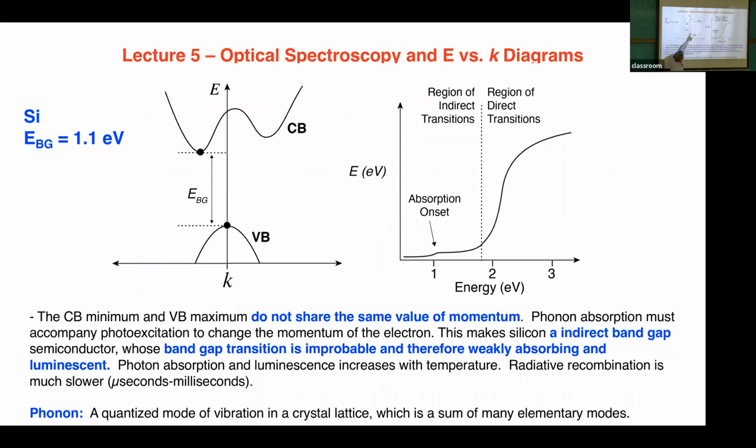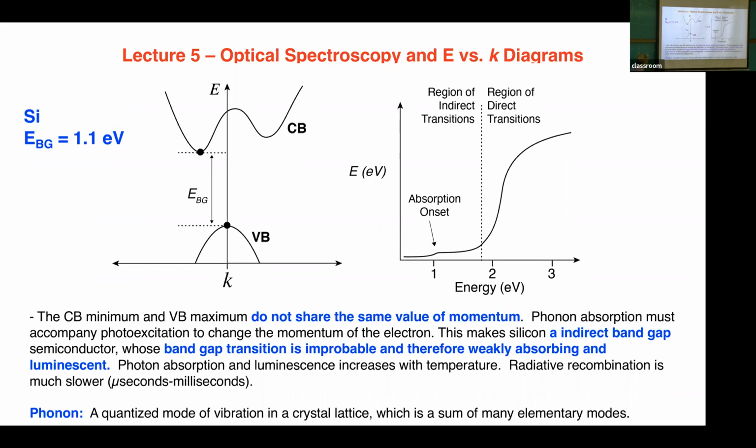So if you look at the transition from this orbital here at the top of the valence band to the orbital that also has K equals 0, there are allowed transitions at that energy, and they fall in this region out here. So suddenly the spectrum becomes very intense when you finally reach energies where the optical transitions maintain the momentum. So quite a bit of the spectrum of silicon is very weak. It's not a strong absorber. It's not a strong emitter because that band gap transition is improbable because the two states have different momentum.